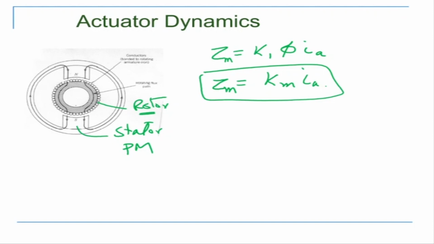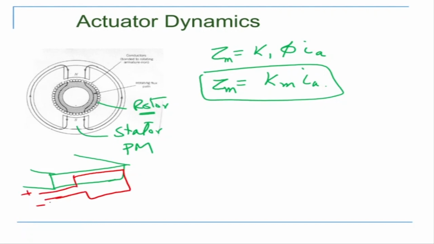Now when this is rotating, there is a voltage in the coil. Let me draw the construction of the motor. There is the coil inside here. So that's my coil. If you can imagine, there's a plus and minus, and this is the other side.